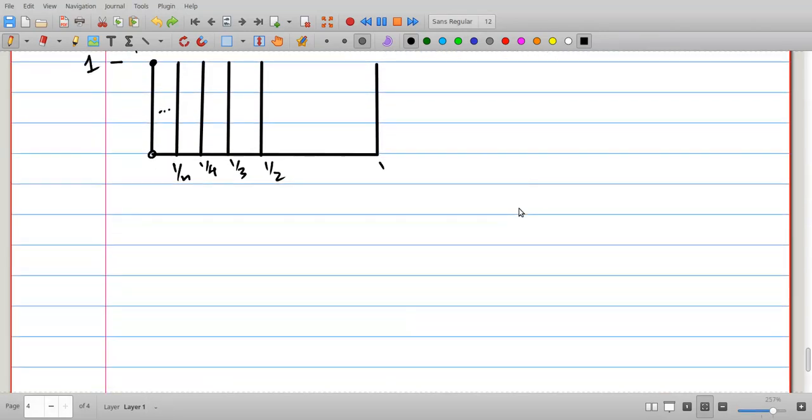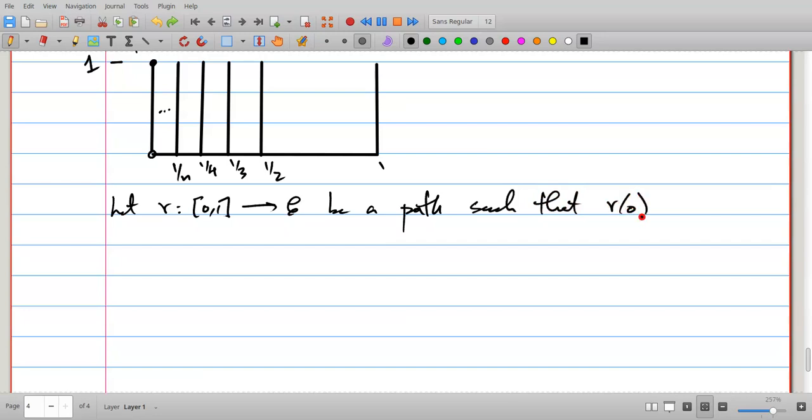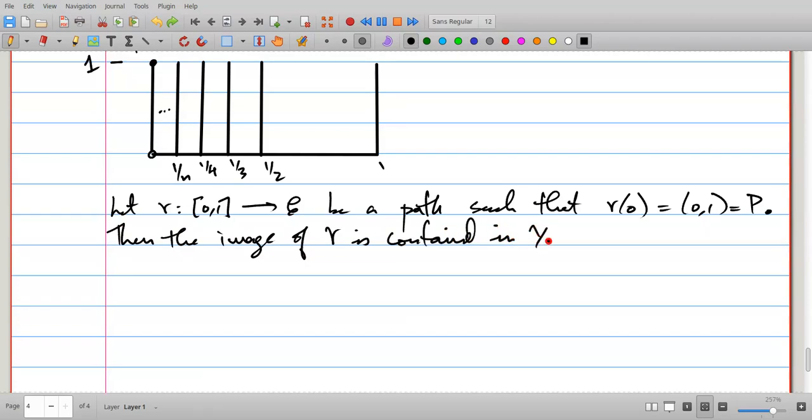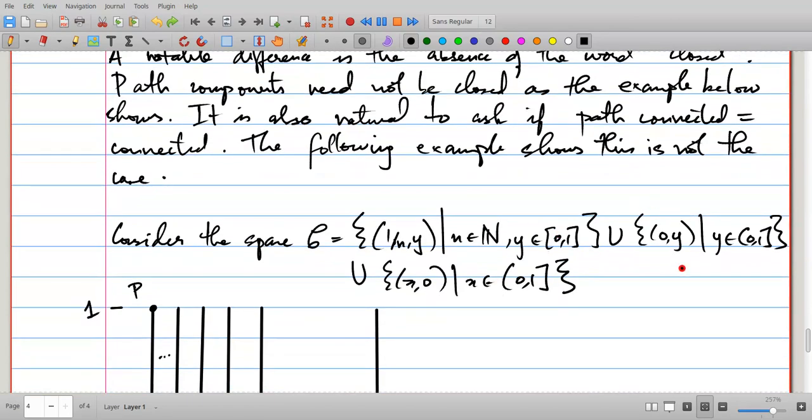So our claim is the following. Let gamma from 0, 1 to C be a path such that gamma of 0 is the point 0, 1, which is the point P. And then we claim that for any such path, the image of gamma is contained in Y. So Y is this subspace.